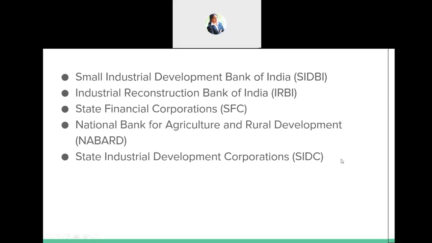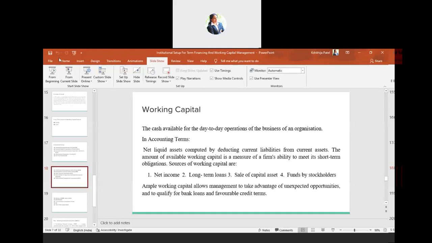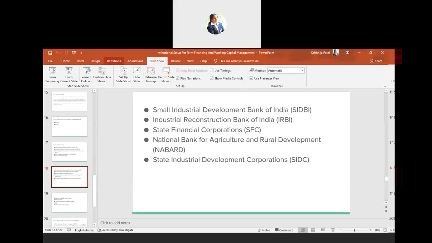In the next session of today's class, we shall continue with the further institutions which help business organizations bring in the necessary funds for the organization.